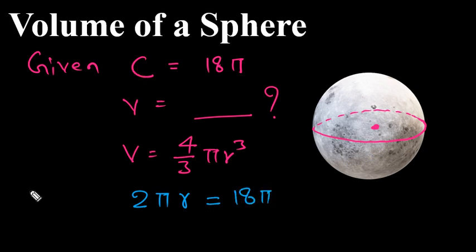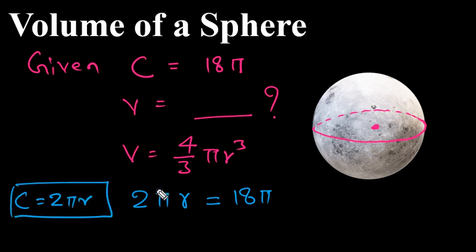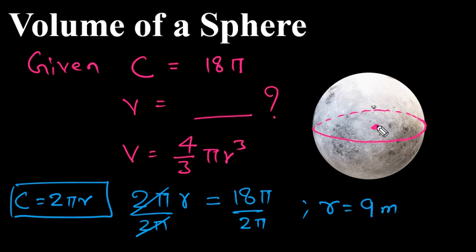This is according to the formula, because C is equal to 2 pi r for a circle, C for circumference. Now divide by 2 pi both sides and you will get radius equal to 9, let's say meters. So the radius is 9 meters.